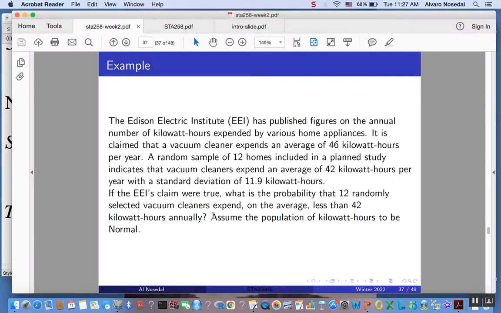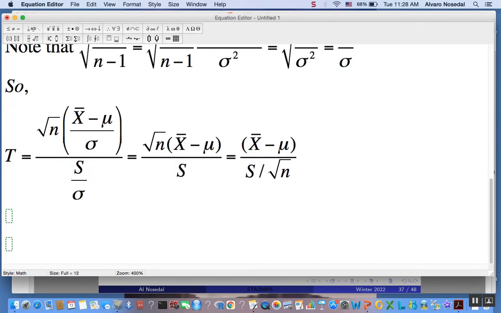Note that what we want is the probability that x bar is less than 42. Okay? So let me say that we are ready to solve our problem.